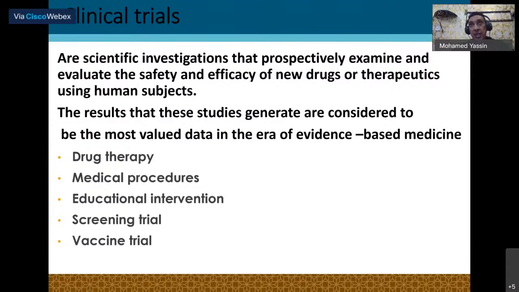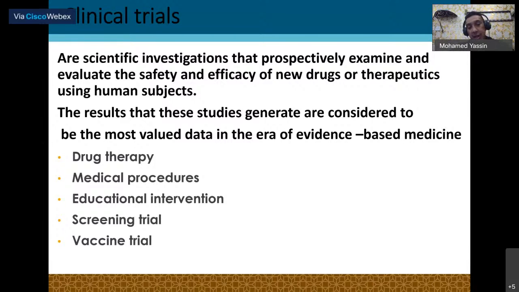So they used the pap smear as screening for cervical cancer in females. This is an example where you use an intervention, and the intervention here is using the pap smear to look at whether it's positive or negative, and this can give you a clue whether the lady is susceptible to having cervical cancer or not. So here we are screening for cervical cancer by using a specific technique.